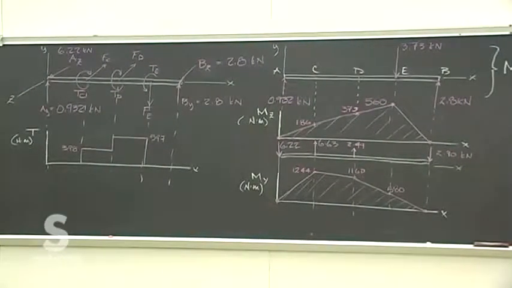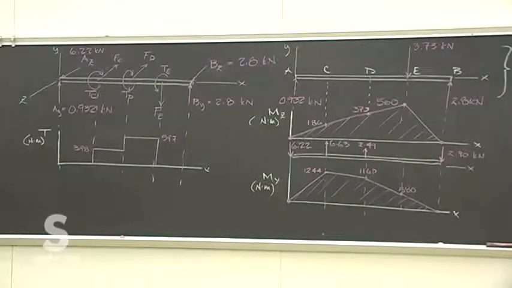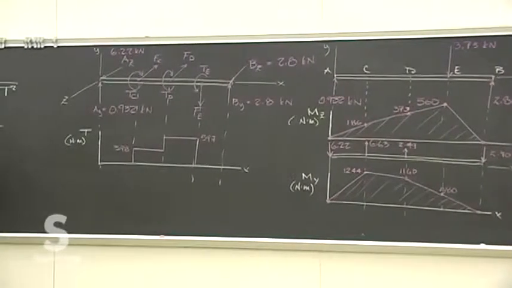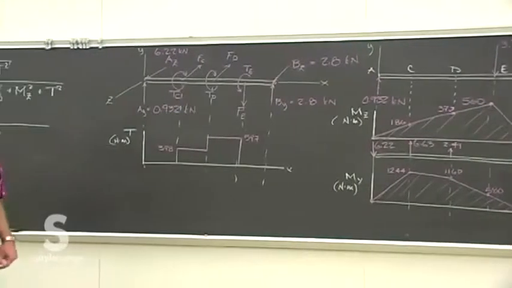Remember, that's M squared equals MY squared plus MZ squared. That's all we've done right there. And then we add on the expected torsion, which is the 398.